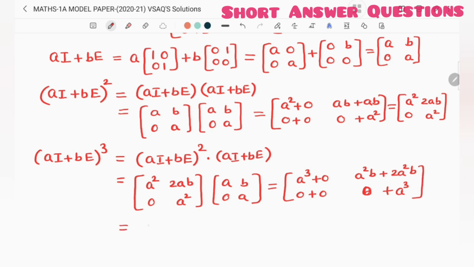So it equals [[a cube, a square b plus 2a square b, so 3a square b],[0, a cube]]. This is equation number 1, the value of (aI + bE) whole cube.